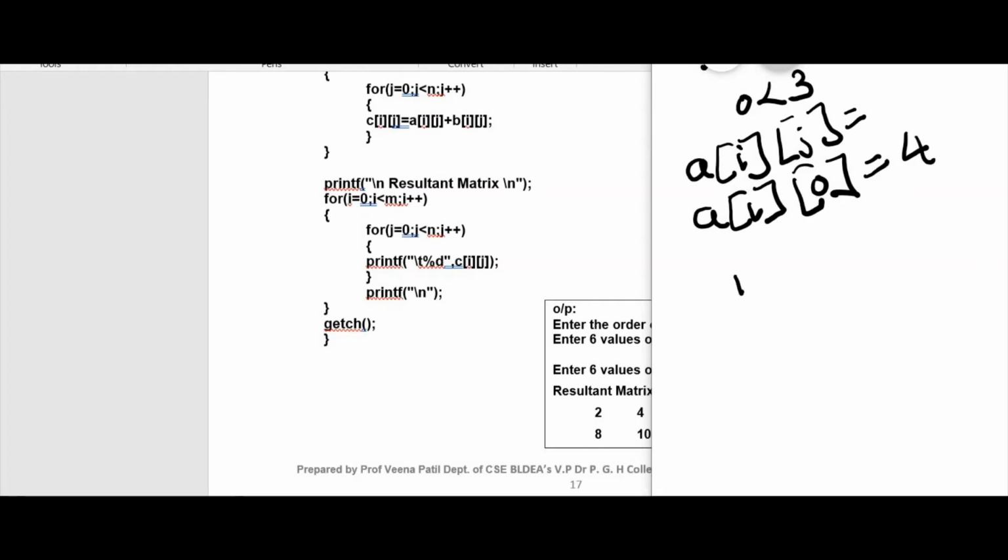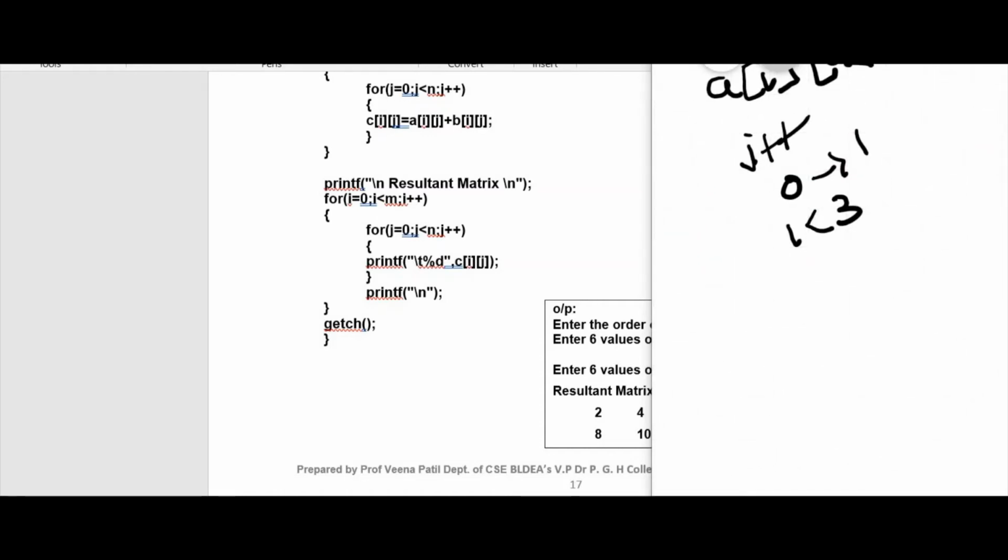Now again the j value is incremented before repeating the loop. Now j becomes 1 from 0. Is 1 less than 3? Yes. If it is less than 3, then perform, our i is still equal to 1. Then perform a of 1 comma 1 is equal to the new value, that is 5.